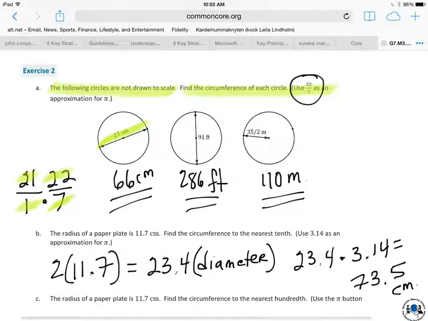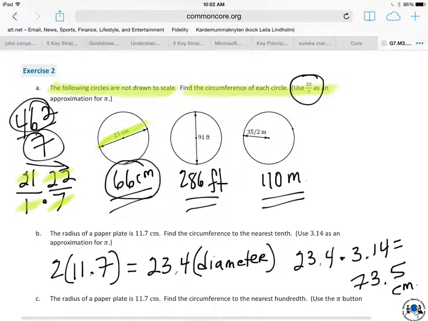I multiplied 21 by 22, which is 462, so 462 over 7. When I divided 462 by 7, I ended up with 66. So 66 centimeters was the circumference of this circle.